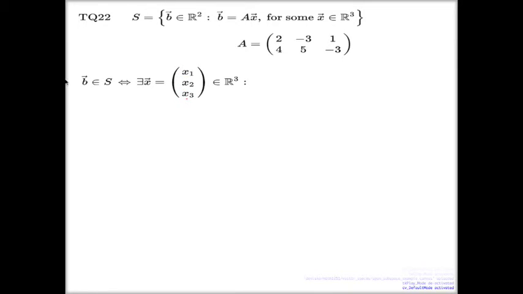So for my vector to be in S, there must exist a triple such that the triple works like this. Again, if you're comfortable with matrix multiplication, this right-hand side, if you just do the matrix multiplication with this matrix A and this column vector x, is what it's going to be.